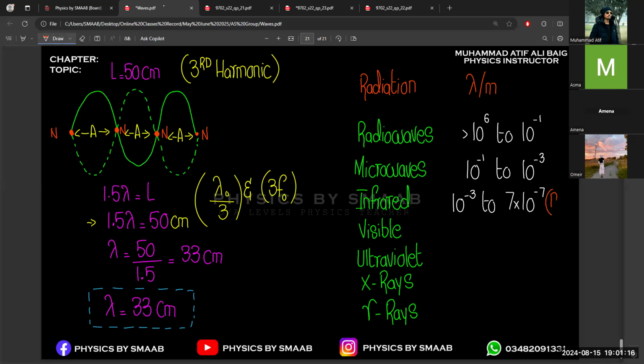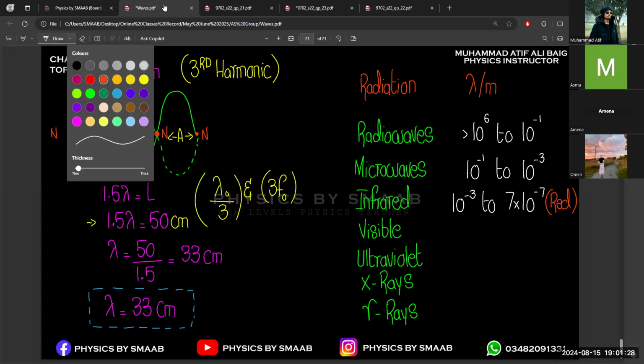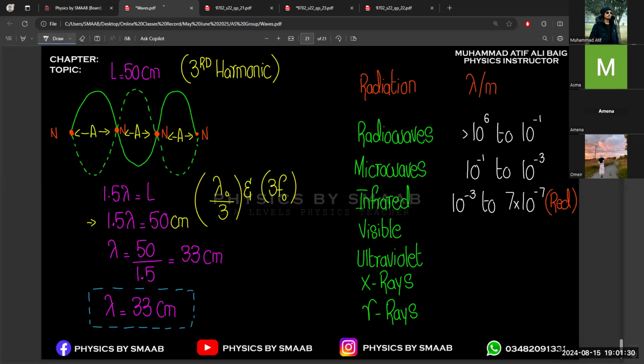And we know red and blue light are two famous examples in our questions. So that's why this value is especially written for it. And definitely in visible, on one side we have red light, on the other side we have violet light.